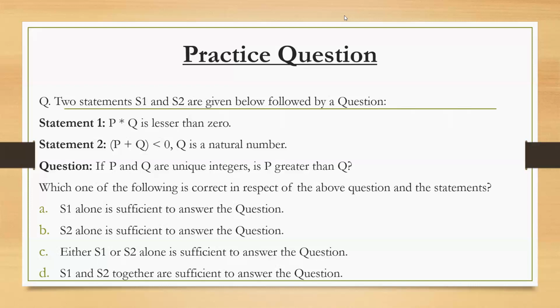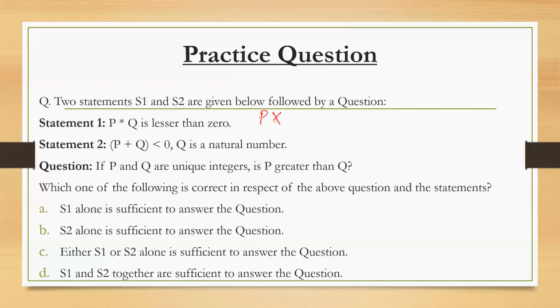All right. So let's see here what we are getting. See, it is clearly said that P and Q are unique integers here. Okay. And the only thing we have to find is P greater than Q. Okay. So we have to get a definite answer to this question. Now, in the first statement, we are getting P into Q is lesser than 0.